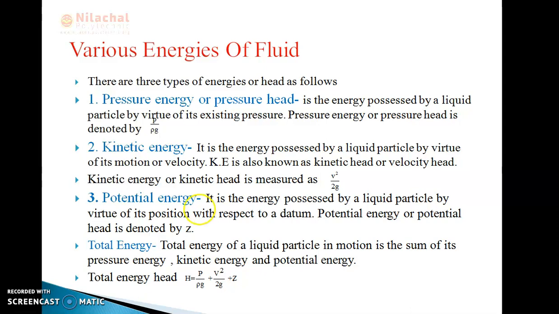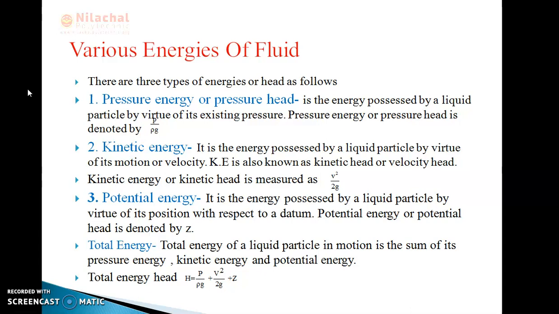Now we are going to study the various energy of the fluid. Here you are considering only three forms of energy. One is the pressure energy, second one is the kinetic energy, and third one is the potential energy. So first we have to know what is the pressure energy or the pressure head.